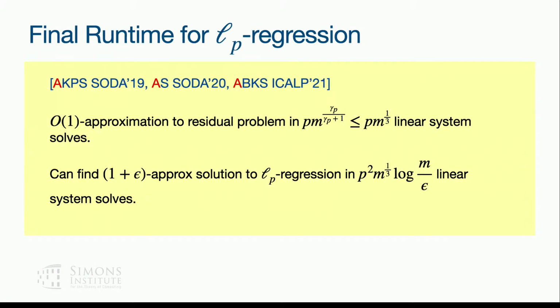So overall, you can find a constant approximation in some p m to the 1/3 linear system solves. And this gives us a 1 plus epsilon approximate solution in overall some p squared m to the 1/3. You can use some other tricks to actually reduce this p squared to p, but we can leave that for now.